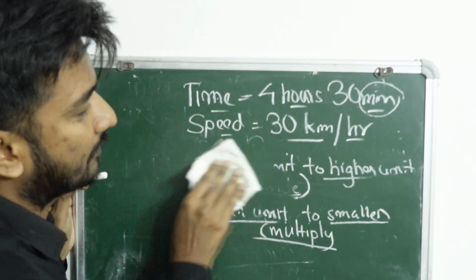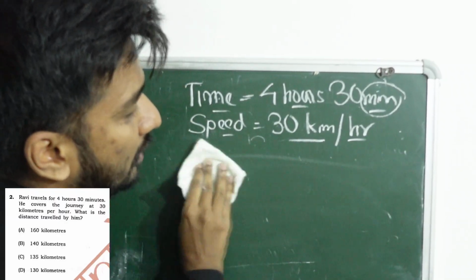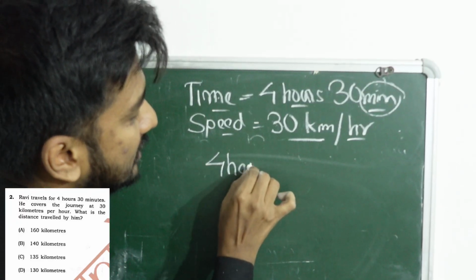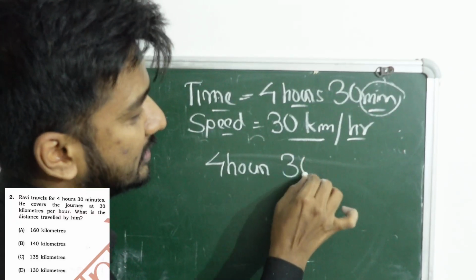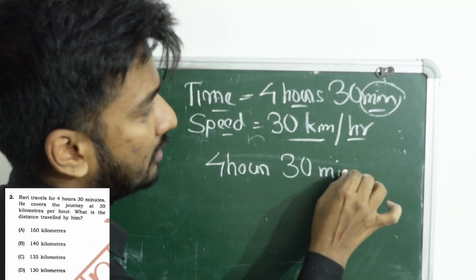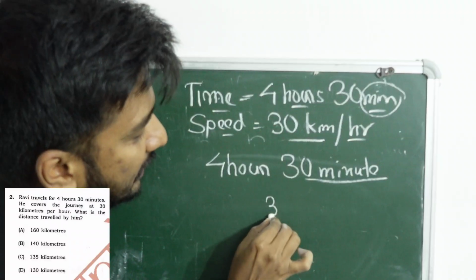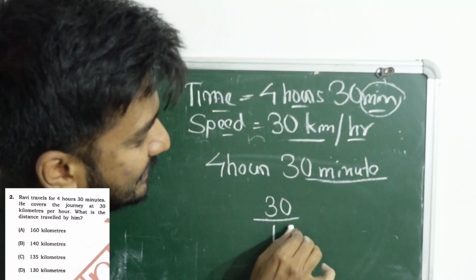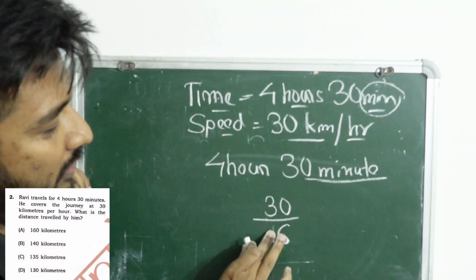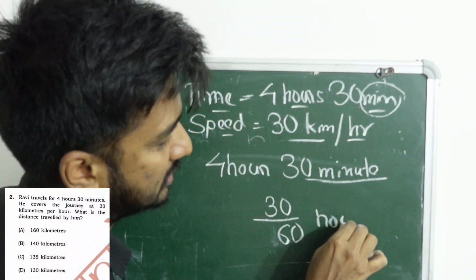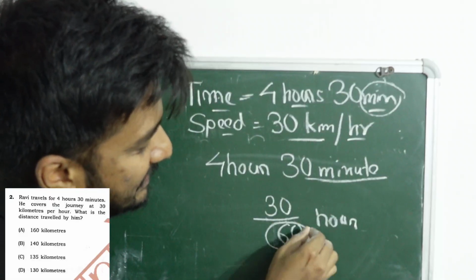Now what is the time? Time is given as 4 hours and 30 minutes. Now 30 minutes: 30 divided by 60 gives hours. Why 60?